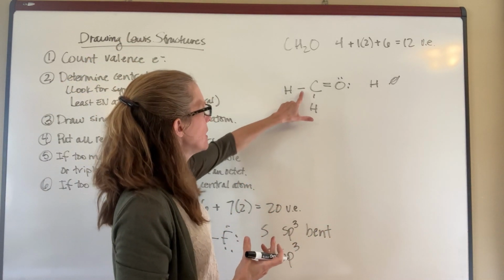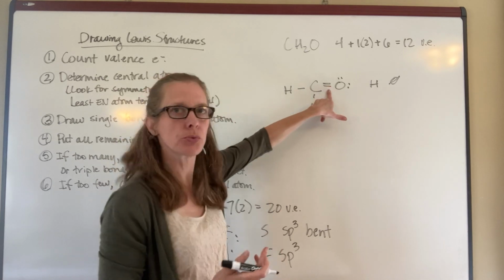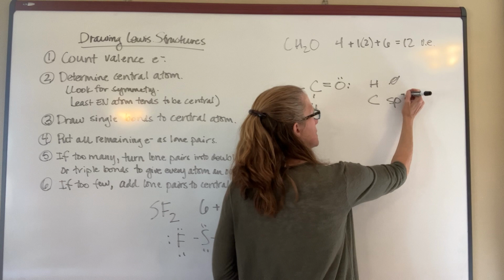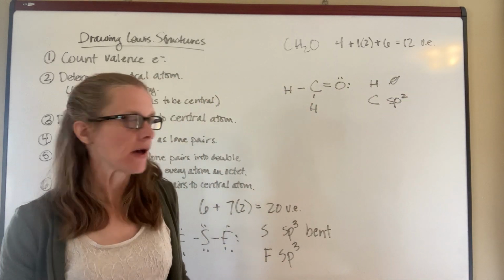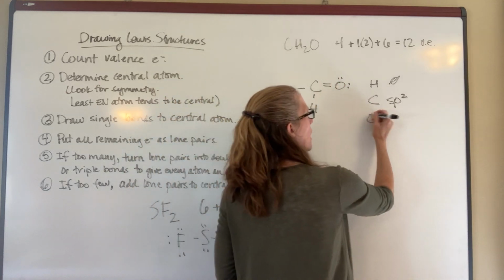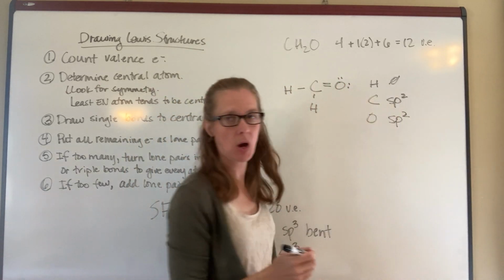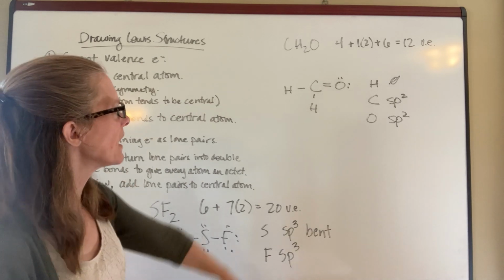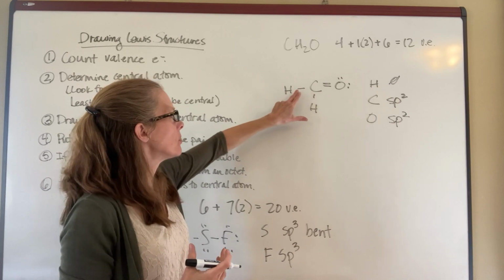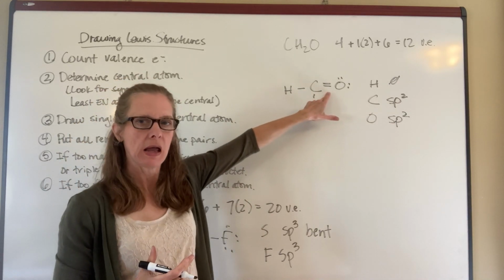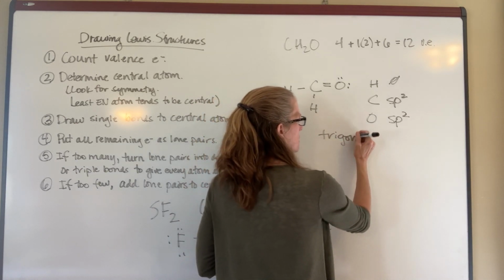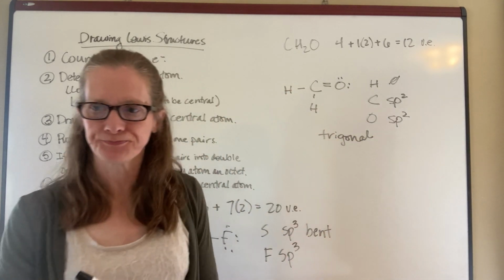The carbon has 1, 2, 3 things around it, so the carbon is going to be sp2 hybridized, and the oxygen also has 1, 2, 3 things around it, so the oxygen is also going to be sp2 hybridized. Looking at that central atom is the one that determines the shape, and so if it has 1, 2, 3 things around it, an sp2 hybridization, that means the shape of this is going to be trigonal.